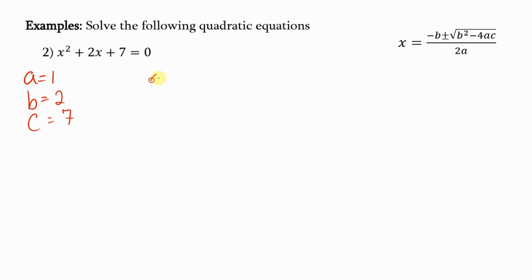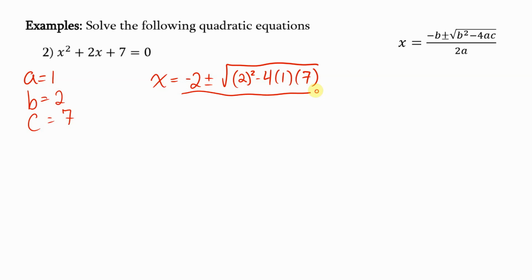We put these in the formula, so x is equal to -b, so -2, plus or minus the square root of b squared minus 4ac, all over 2 times a.